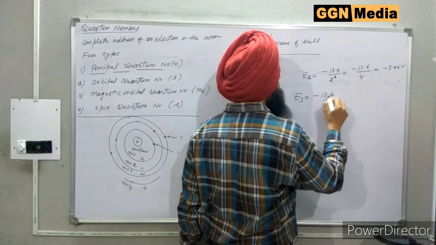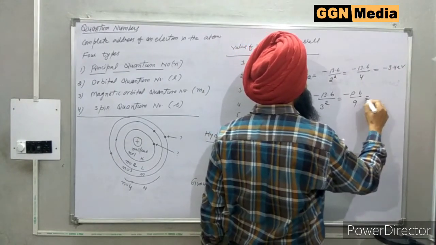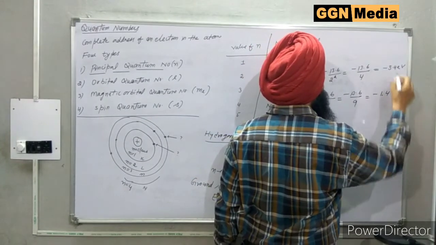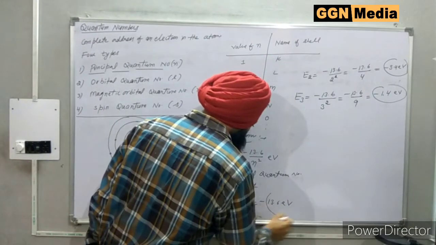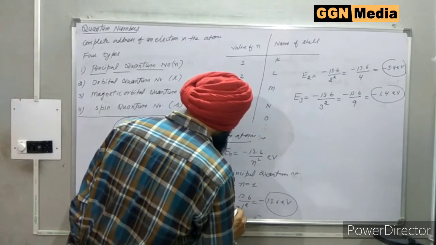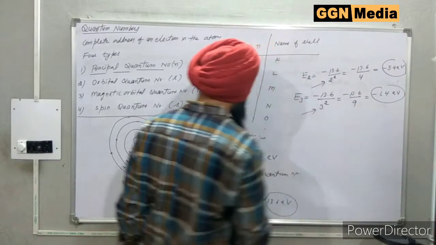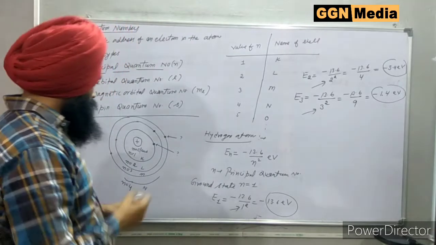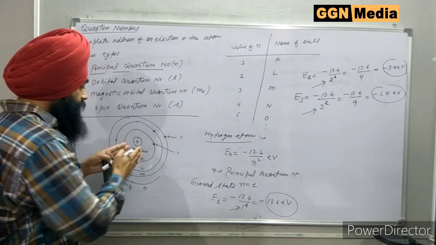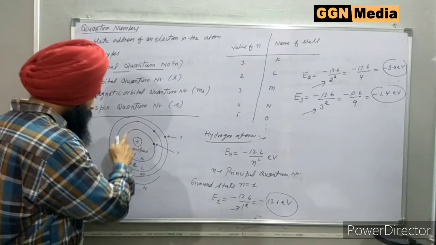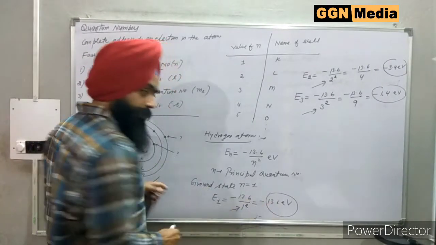E3. So these values come out from the value of n. If we put the value of n, we get different energies for different shells. So again, this is K shell. In case of hydrogen atom, if the electron is in the ground state, the energy level of this shell is equal to minus 13.6 electron volt.